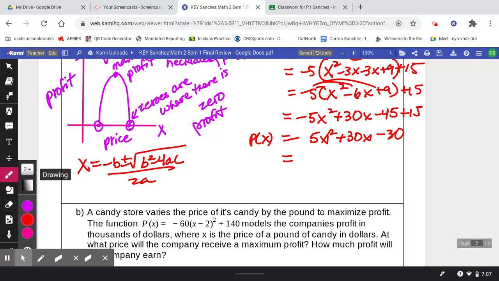All right. So A is negative 5, B is 30, and C is negative 30.